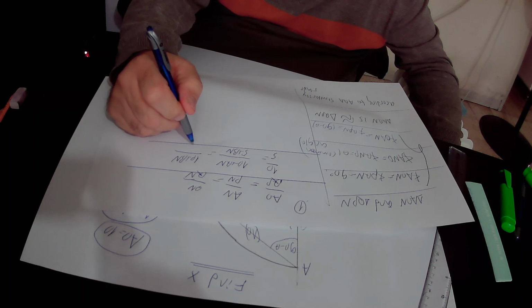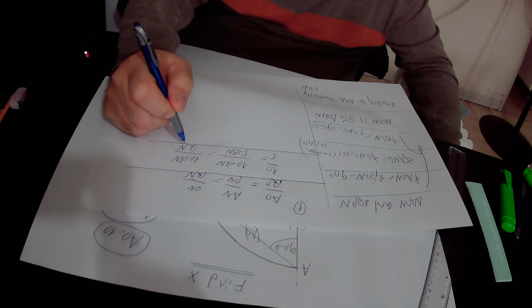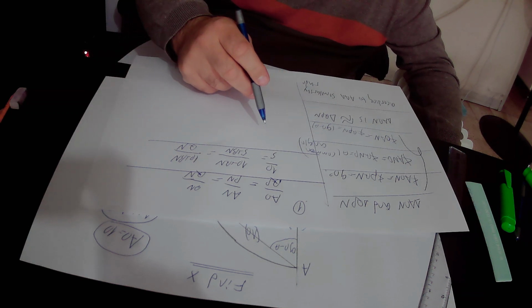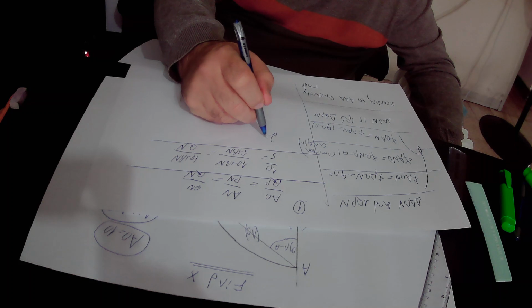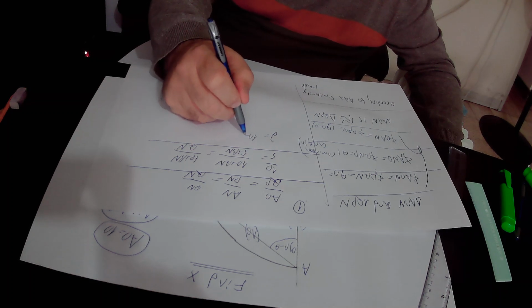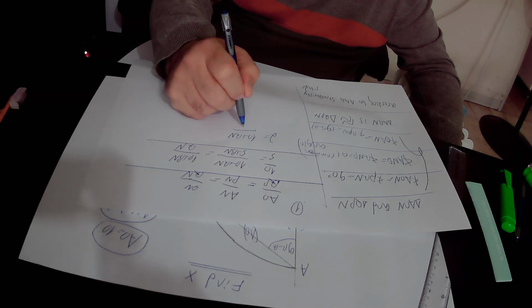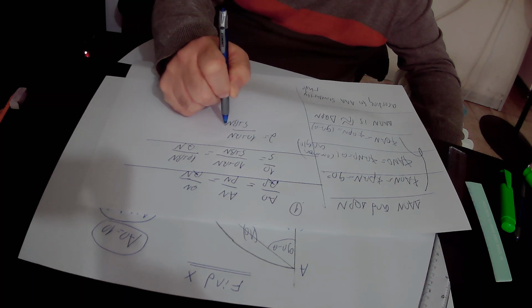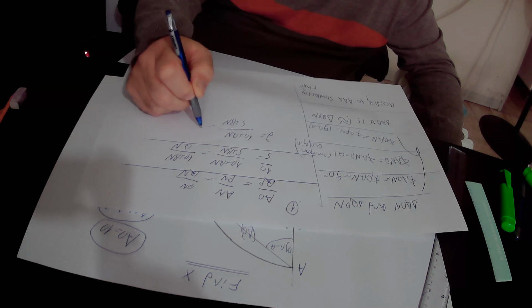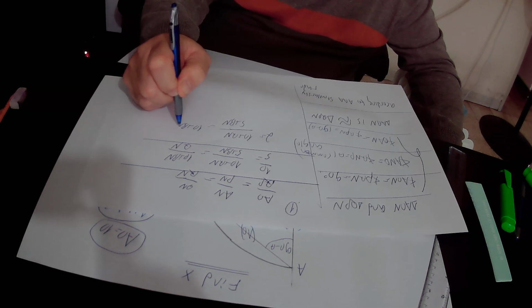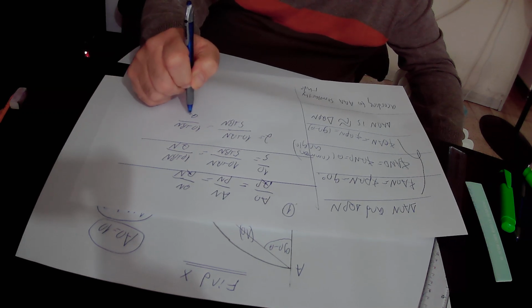QN is the missing side, so we leave it as it is. Here 10 over 5 is 2, so 2 equals 10 plus QN over 5 plus BN, and it equals 10 plus BN over QN.